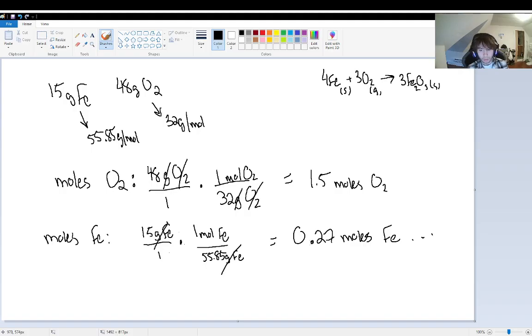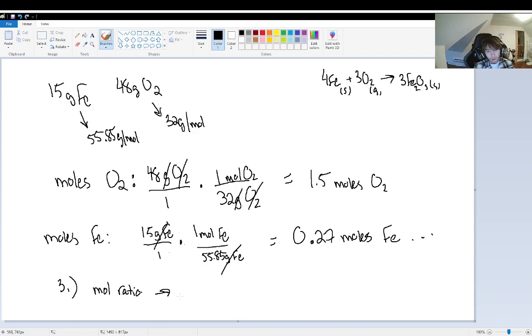So right away you might get an inkling that iron is automatically the limiting reagent just because you have less of it. But there's one step before that, and that is the mole ratio.